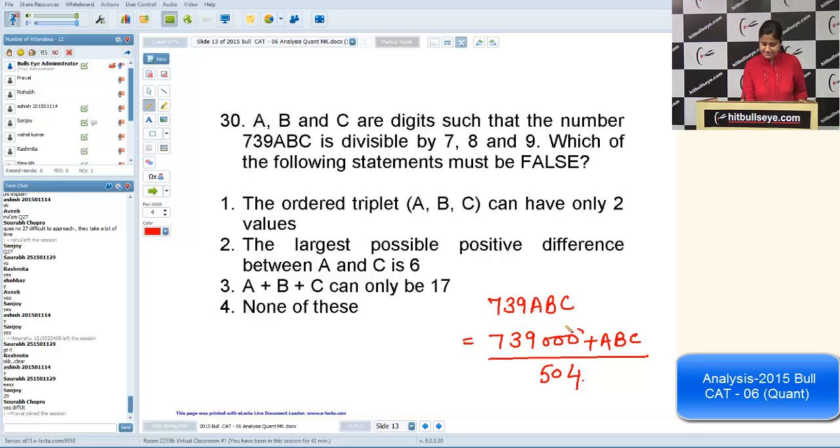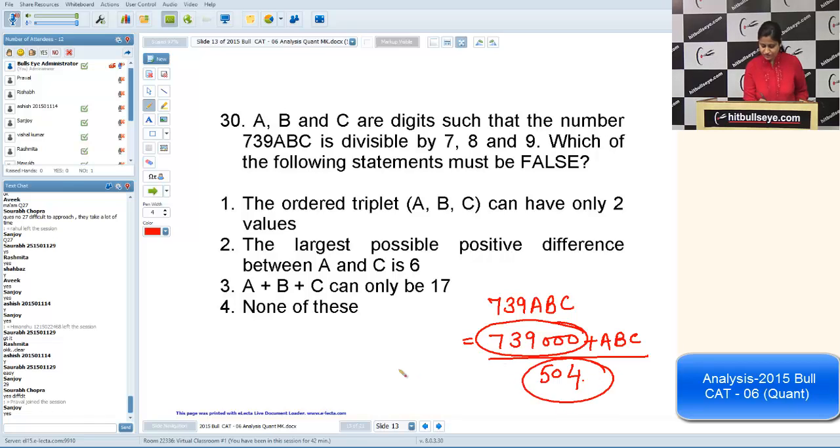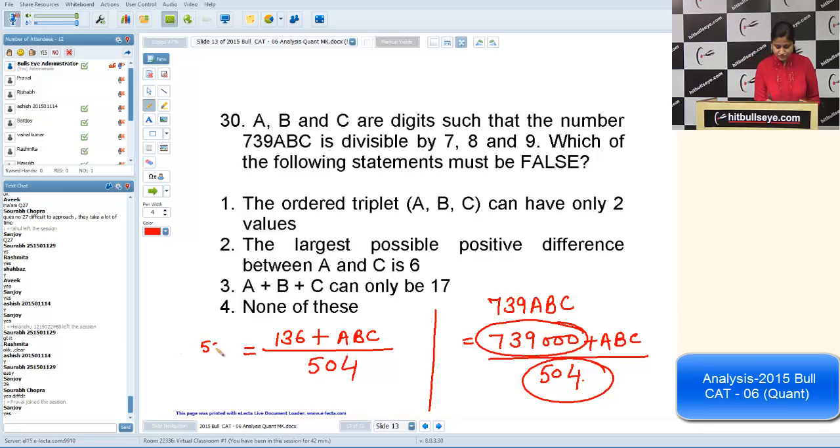If we divide this number by 504, we will get 136. So my question is reduced to this thing. Now obviously ABC should be a 3-digit number only. This total number should be divisible by 504, so either it can be 504, or this, or this, and so on.